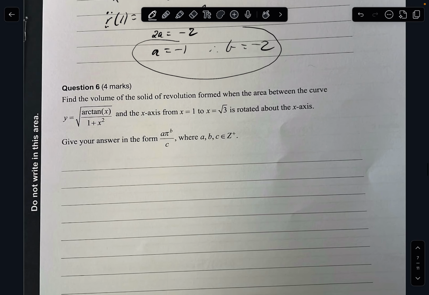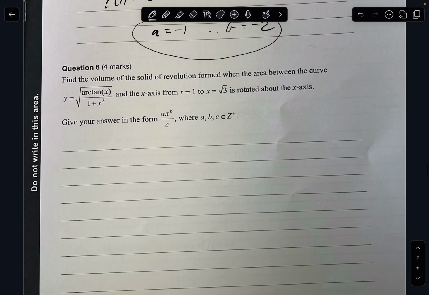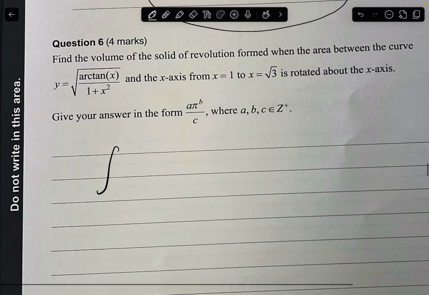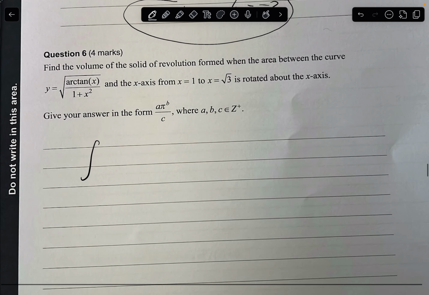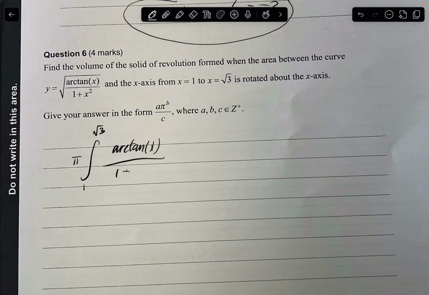Okay. Find the volume of the solid of revolution formed on the area between the curve rotated about the x-axis. So if it's rotated around the x-axis, it will be pi times the integral from 1 to root 3 of arctan x over 1 plus x squared dx.